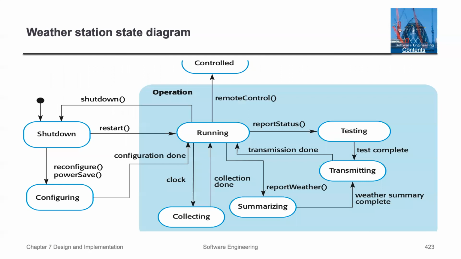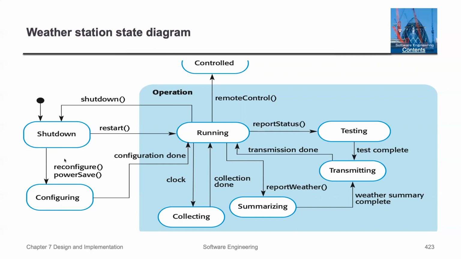Here's an illustration of a state machine for the weather station. And so you start out in the shutdown mode. You then can go into various types of modes. First of all, configuration, self-test, or maybe going into a safe mode.